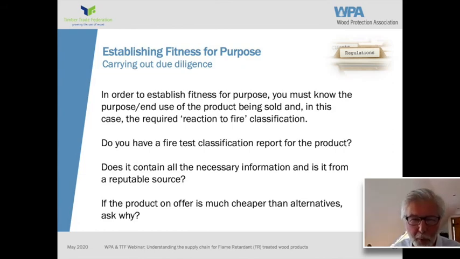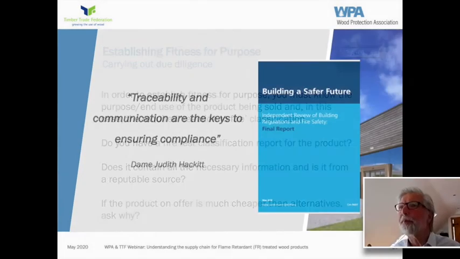There are some very dubious documents circulating in the supply chain purporting to be fire test classification reports that are not. And if the product on offer is much cheaper than alternatives, don't say you've got a bargain. In this particular instance, because it's safety critical, ask yourself why this product is so much cheaper.